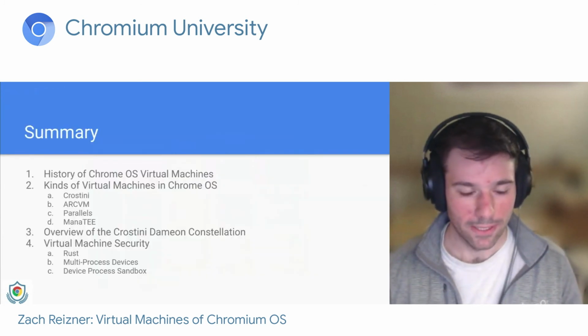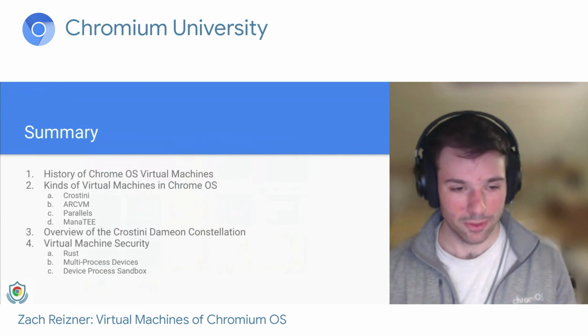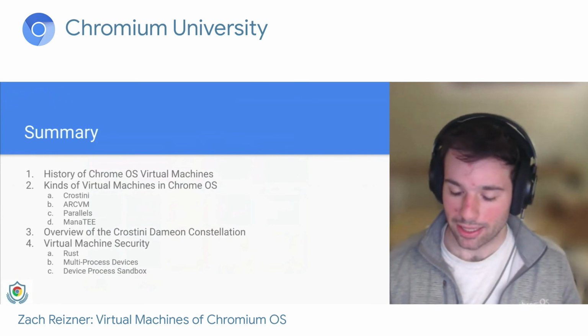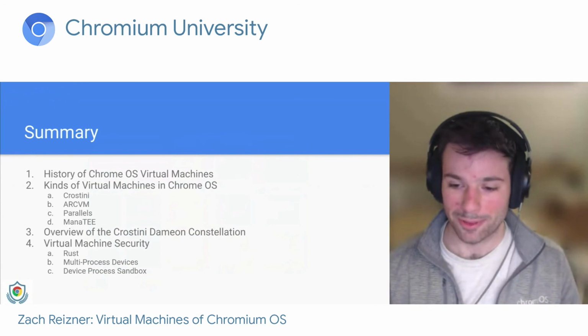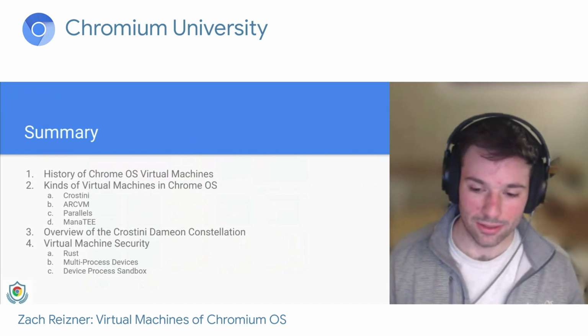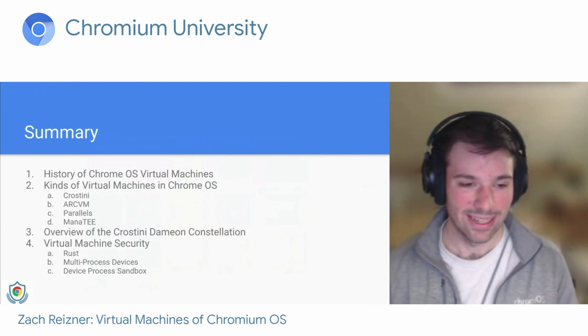So in summary, I discussed the history of Chrome OS virtual machines, how they were inspired by us wanting to give our developers a reason to use these ultra powerful Chromebooks. And on top of that, we want to be able to say that you could develop for Android on a Google device.